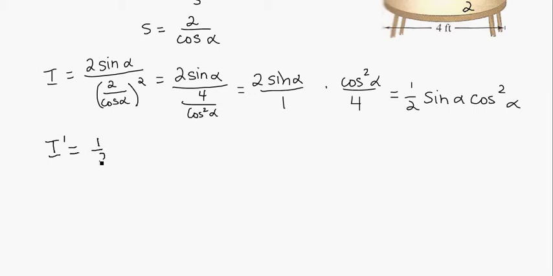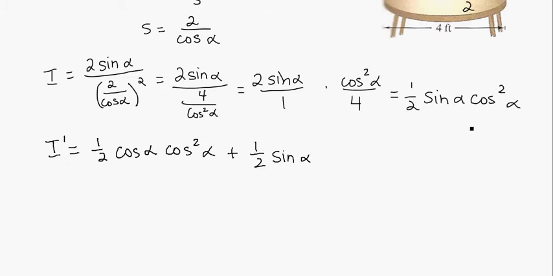So the coefficient 1/2 stays out front, and then we take the derivative of sine of alpha, which is cosine of alpha, and then we leave our cosine squared alpha alone, plus the 1/2 sine of alpha, leave that one alone, and we take the derivative of cosine squared. So I'm going to think of that as cosine quantity squared, so it's a little mini chain rule.